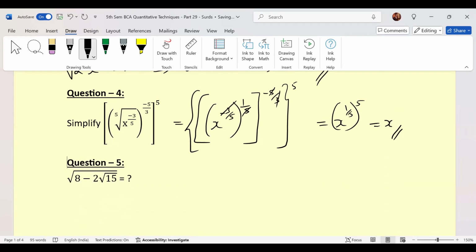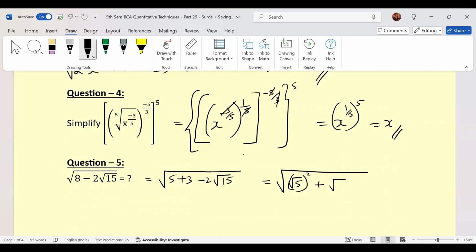Let us move on to the next question. Question number 5. Square root of 8 minus 2 root 15. Now we will split this 8 as 5 plus 3 minus 2 root 15. So that can be rewritten as root 5 the square, which is nothing but 5.